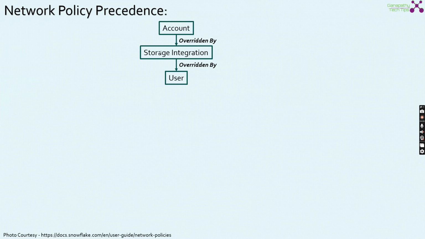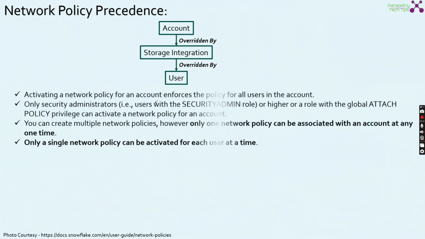Account level is always overridden by storage integration level, which is always overridden by user level. So I hope you got the idea here. The user level takes the most precedence. Even if it is allowed or blocked at the account level, the user level will override all of these. This is the typical network policy precedence which you might be aware of.